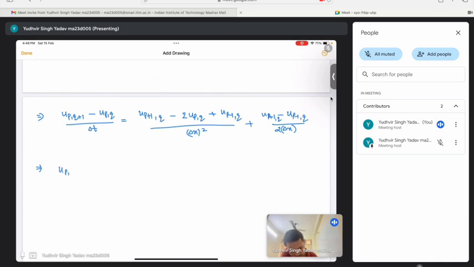So the required scheme, simplifying further, we have u p q plus 1 minus u p q equals r u p plus 1 comma q minus 2r u p comma q plus r u p minus 1 comma q plus s u p plus 1 comma q minus s u p minus 1 comma q.